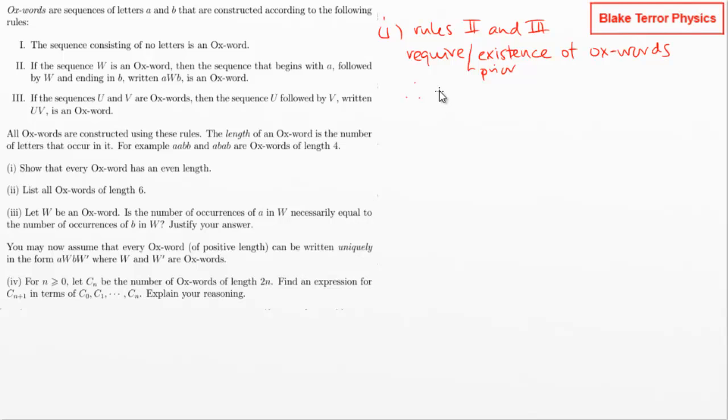Therefore, the only starting point is the sequence of no letters, from rule 1. So at least we've got somewhere to actually start from. Right, now we have to show that they're all an even length.